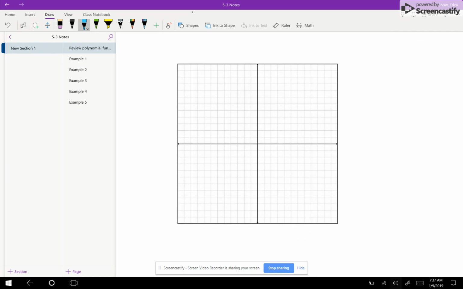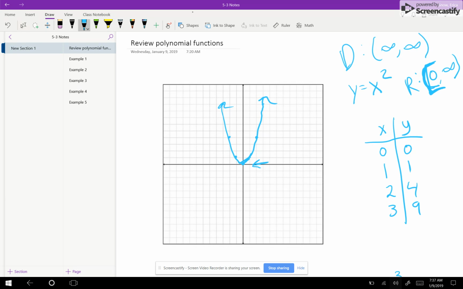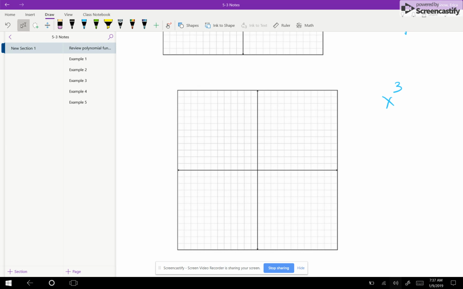Now with a cubic function, and the even-powered behavior is true for any even-powered function, recall that as well. So as long as the exponent isn't even, the domain is infinite, but the range is both positive and negative. With a cubic, you get your values again, and this time, when you plug in a negative, you get a negative out.